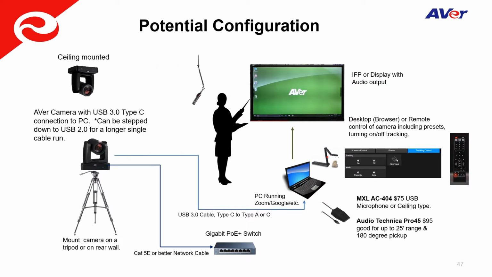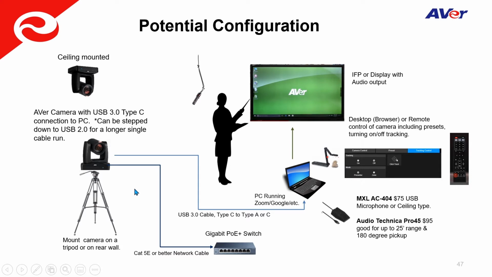Okay, so just real quick overview of a potential configuration. As mentioned, we can ceiling mount the camera, or your traditional either on a shelf in the back of the room or on a tripod, whatever your environment needs.